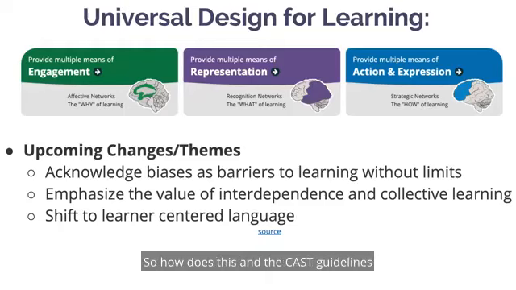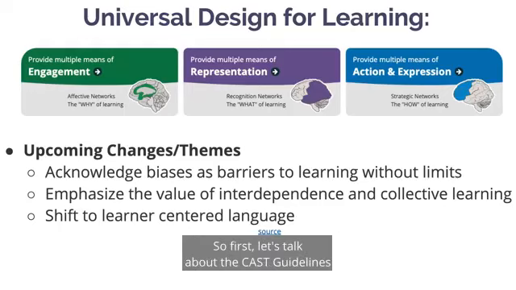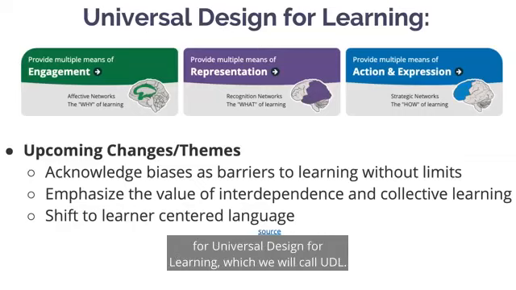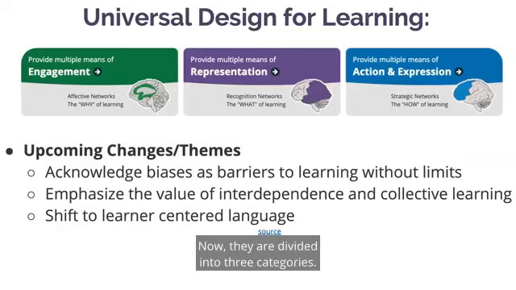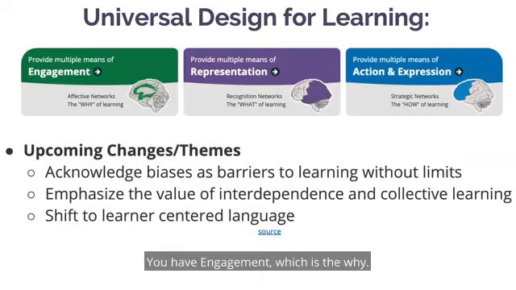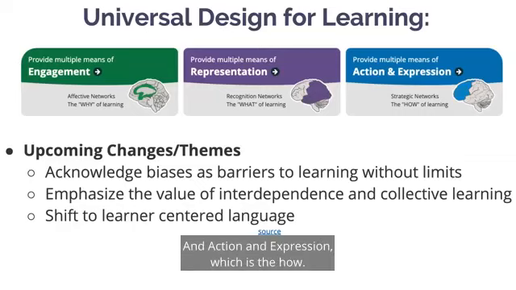So how does this and the CAST guidelines align with where ReadSpeaker fits in? So first, let's talk about the CAST guidelines for Universal Design for Learning, which we will call UDL. Now, they are divided into 3 categories. You have engagement, which is the why, representation, which is the what, and action and expression, which is the how.